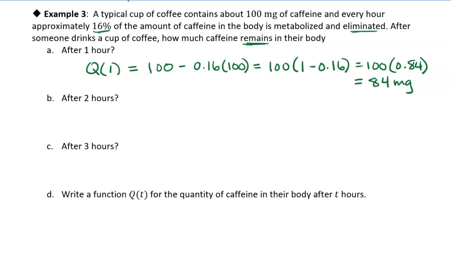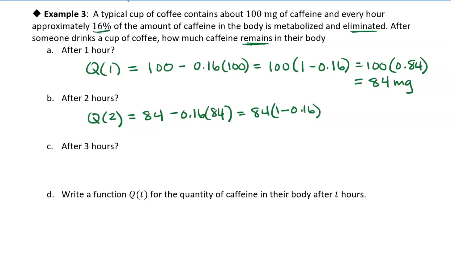All right, so let's do it for 2 hours. Let's look at what happens after 2 hours. So Q for time t equals 2. We're starting out with 84 milligrams now, and then we're subtracting 16% of 84 milligrams. Again, I can write that as 84 times 1 minus 0.16.